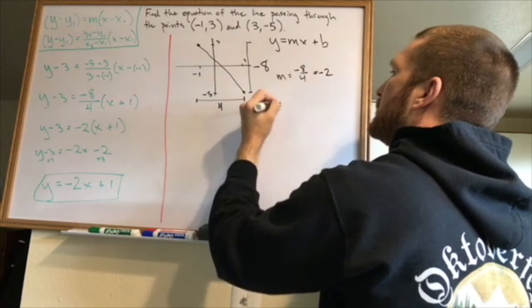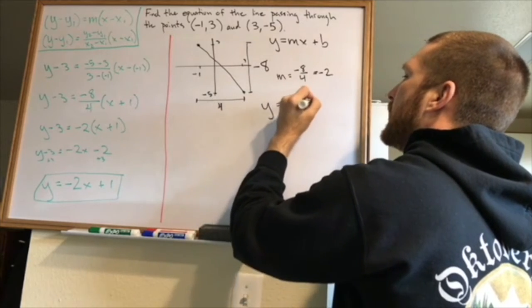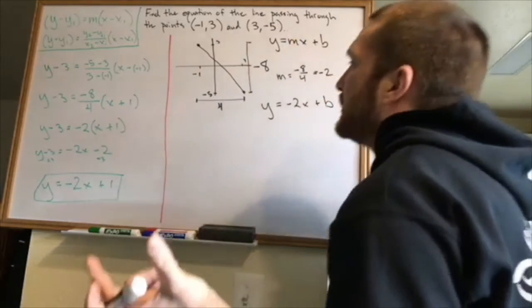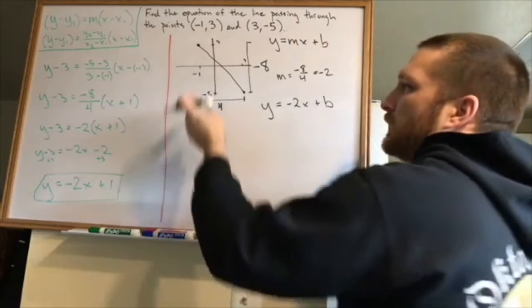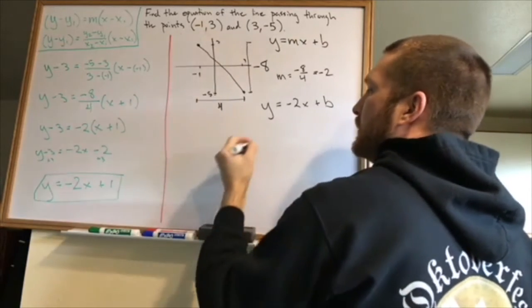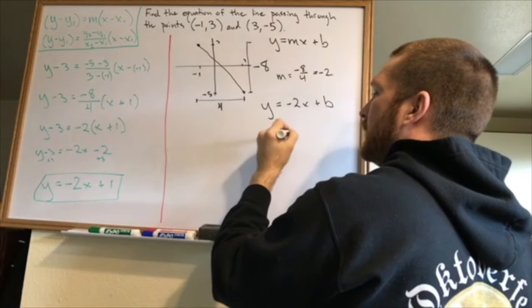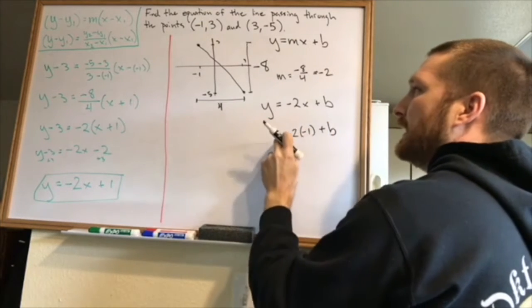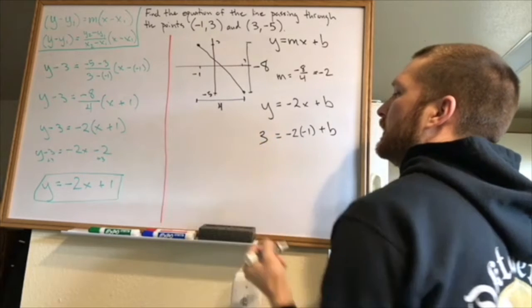Now, y equals -2x plus b. I just plugged in -2 for m. Now I can take any point that I want, and it says when I plug in a -1, I get out a 3. So I'm going to plug in a -1 and get out a positive 3.